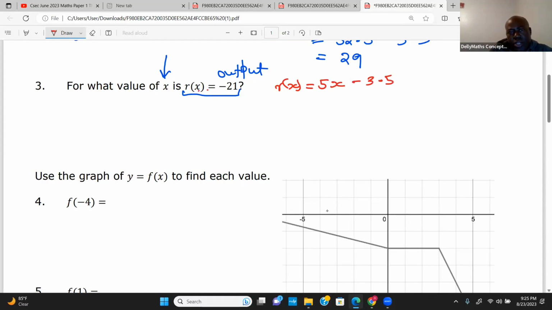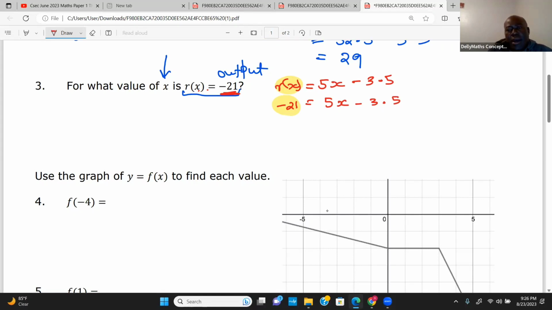Remember, we're told that r of x is equal to negative 21, so I'm putting negative 21 in place of r of x right here. See that? So we continue. Negative 21 is equal to 5x minus 3.5.